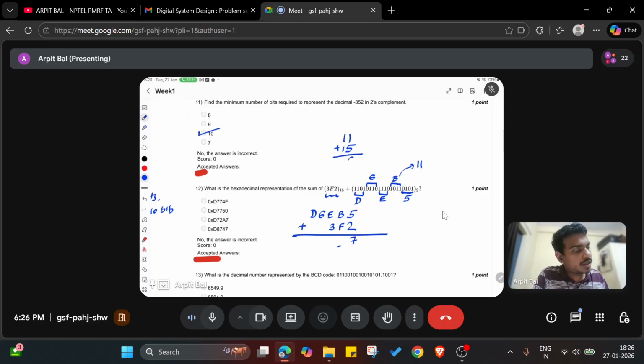So I'll have 26. If I write 6 here, I can actually carry one. If I carry one, what will I be left with? I'll be left with 10. What is the representation for 10 in hexadecimal? That is A. Okay, A with one carry.